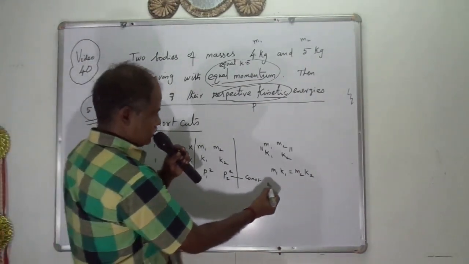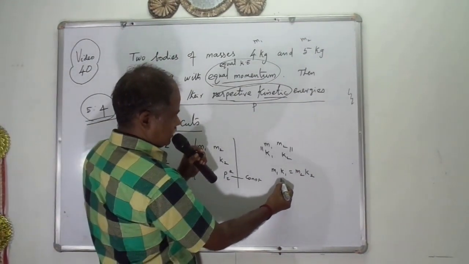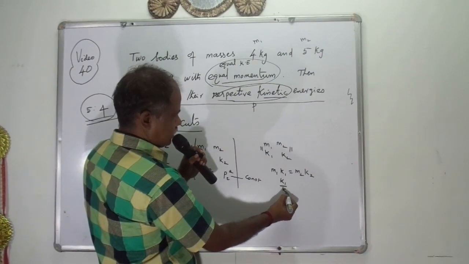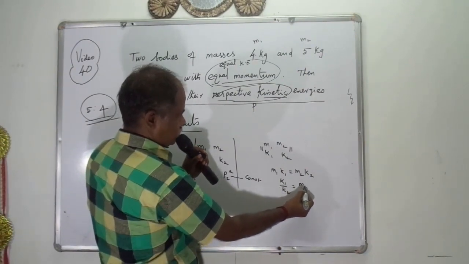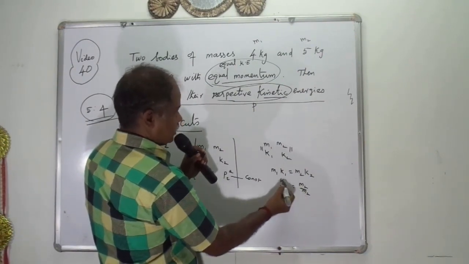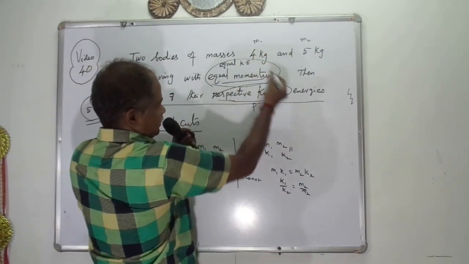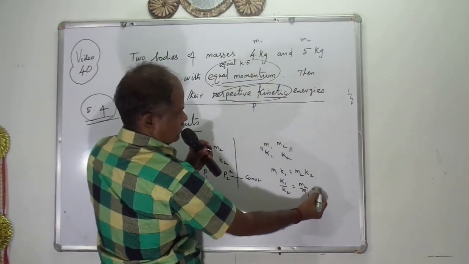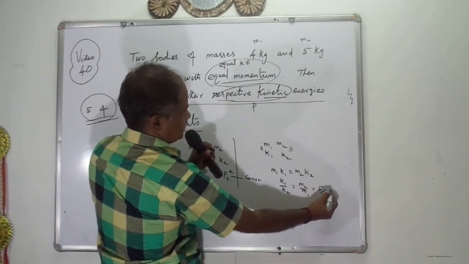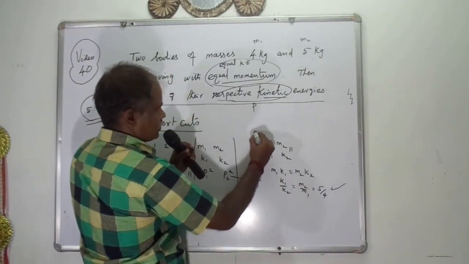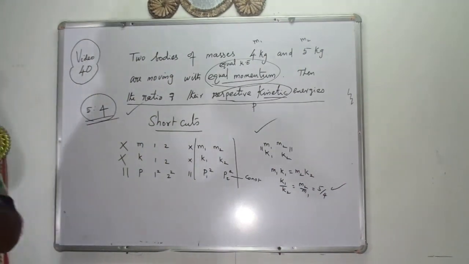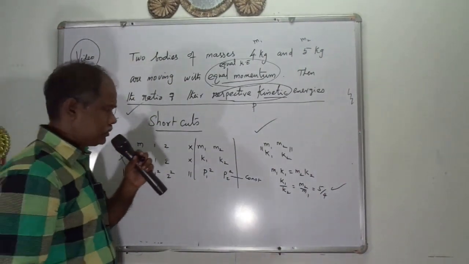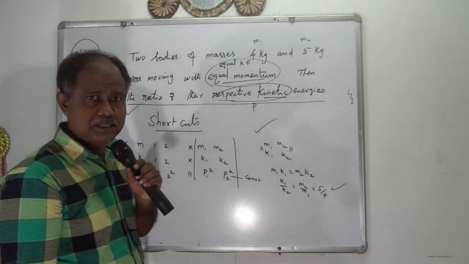So K1 divided by K2 is equal to M2 by M1. M2 is 5, M1 is 4, so 5 by 4 is the correct answer. We can solve it like this, very shortcut, without knowing the basic concept.